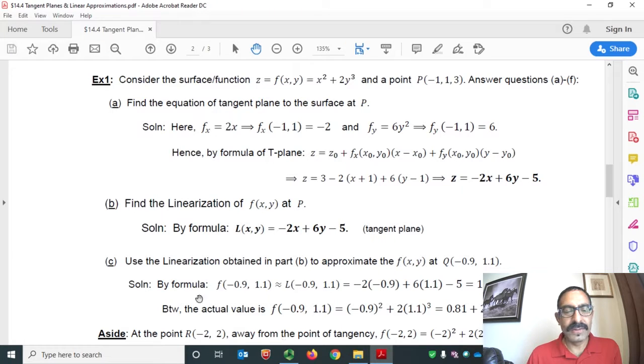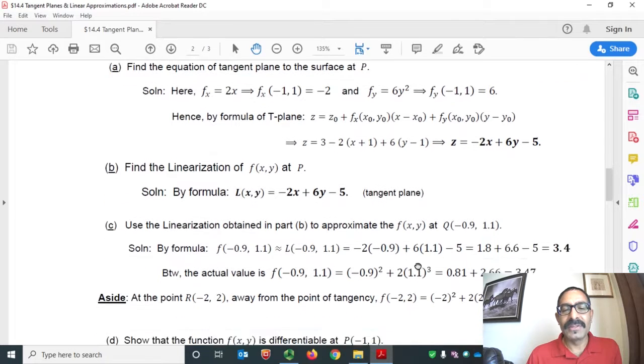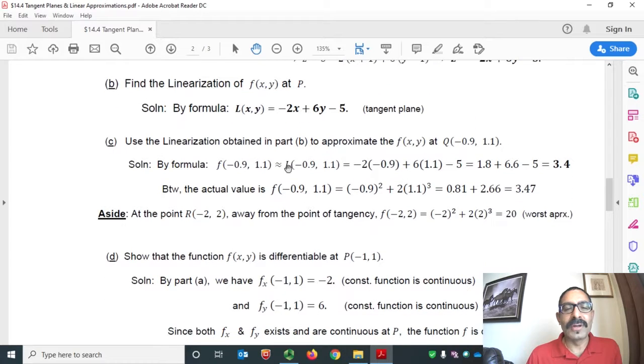So now let's use the formula. Let's begin the solution. By the formula, f at point Q is approximated by L at point Q. That means simply put x equals -0.9 and y equals 1.1 in our part B linearization result and solve.